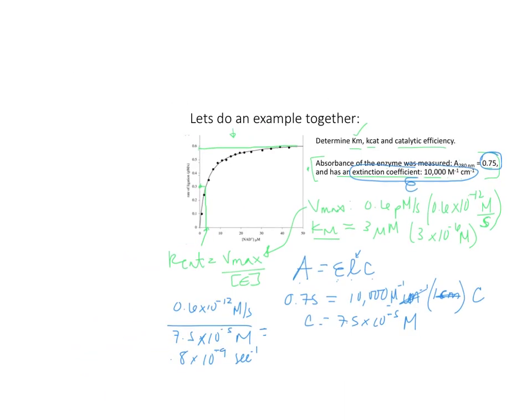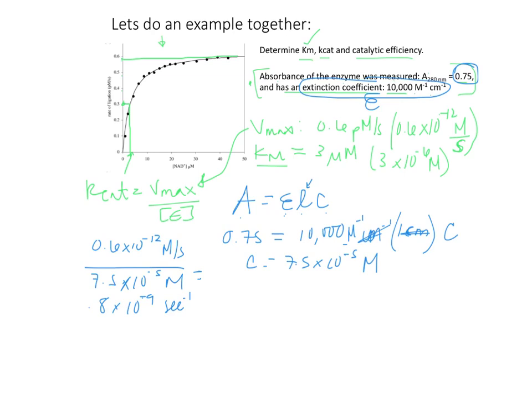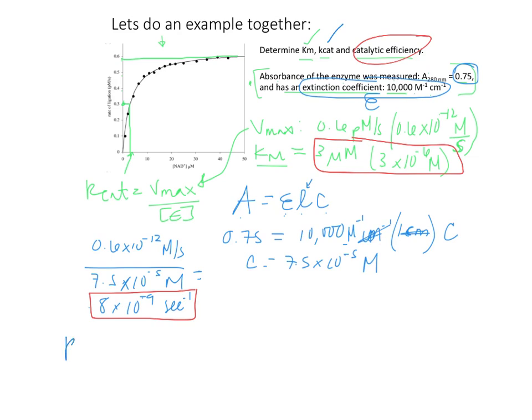So I have my kcat. Now here's my kcat. I have my Km. And next I need my catalytic efficiency, which if you'll remember, catalytic efficiency is just the combination of the two. kcat over Km, again, you need to memorize that because I will not give you that.